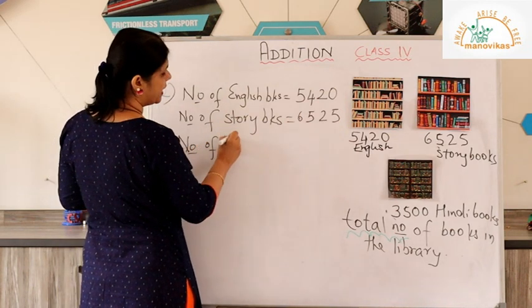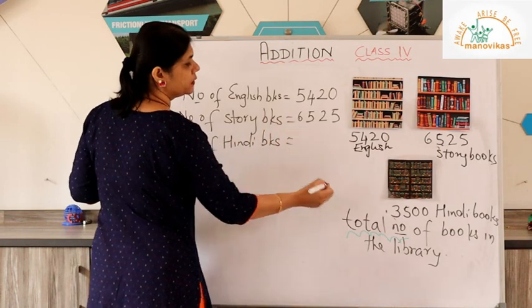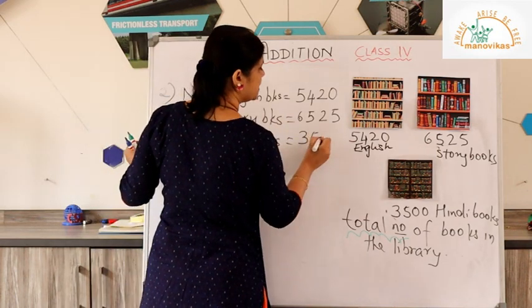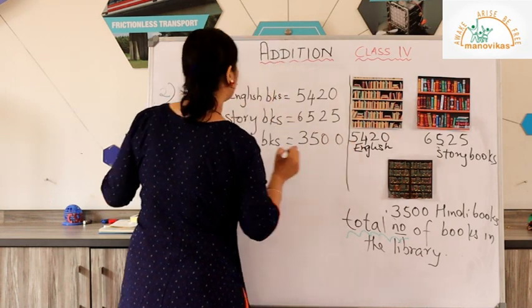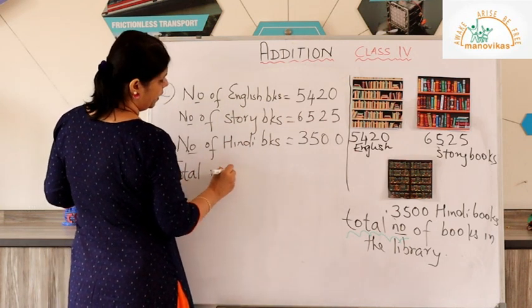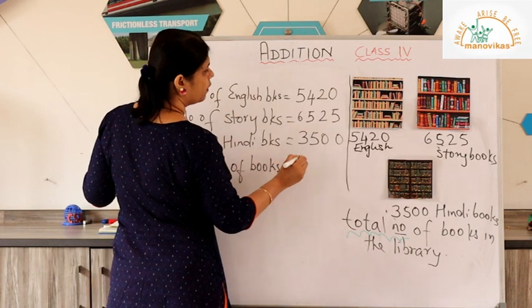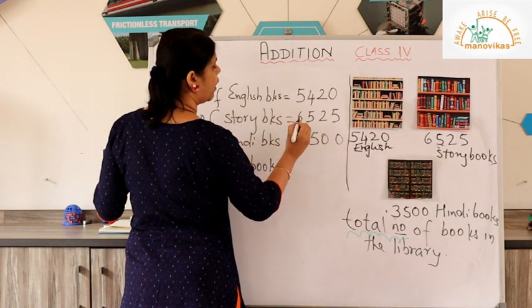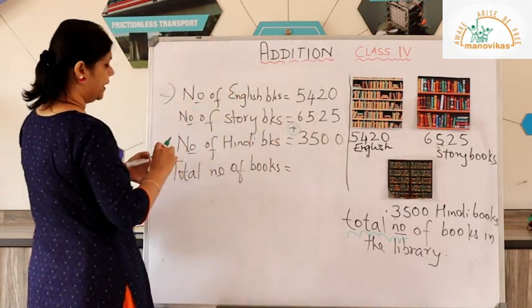How many Hindi books are there, children? Read the number. 3,500. So what will you do to find the total number of books? You will add all the three numbers.